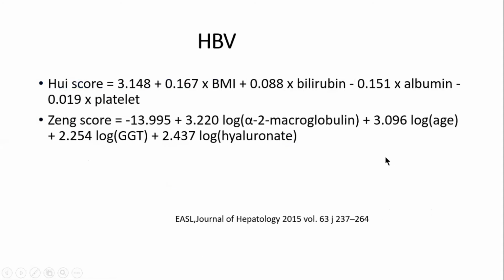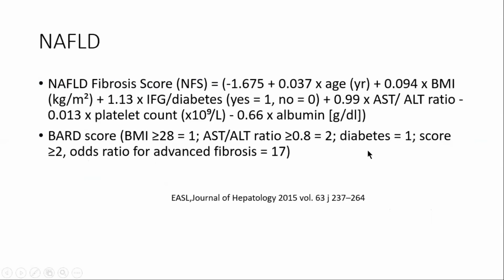For hepatitis B, there is the Hui score, including BMI, bilirubin, albumin, and platelet, and the Zeng score, including alpha 2 macroglobulin, age, hyaluronate, and gamma glutamyl transferase. For NAFLD, the NAFLD fibrosis score is very useful, which includes age, BMI, and IFG or diabetes. If IFG or diabetes is present, it will be 1, or if not, then 0.